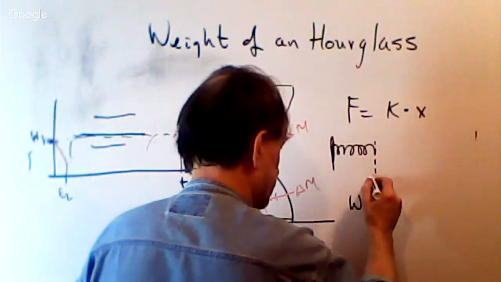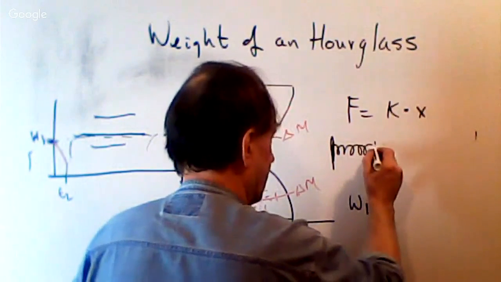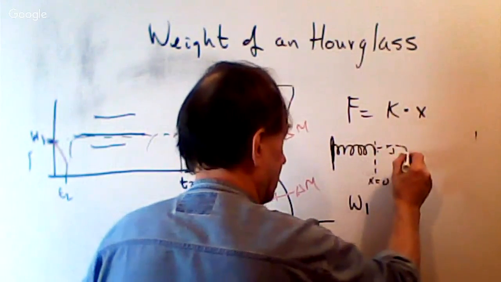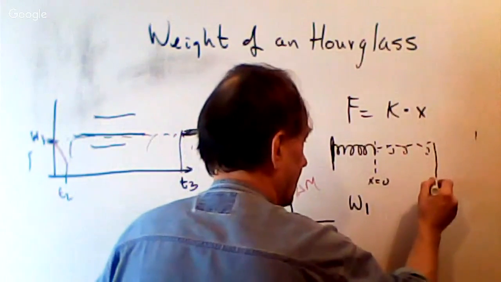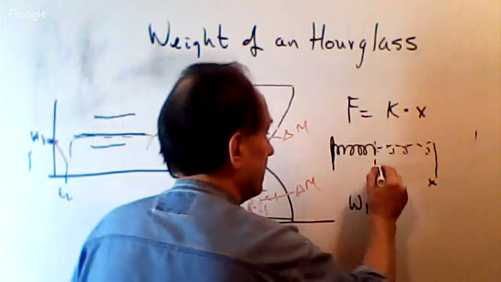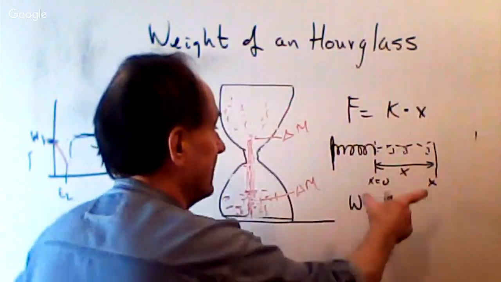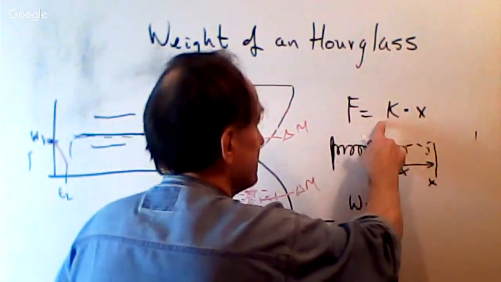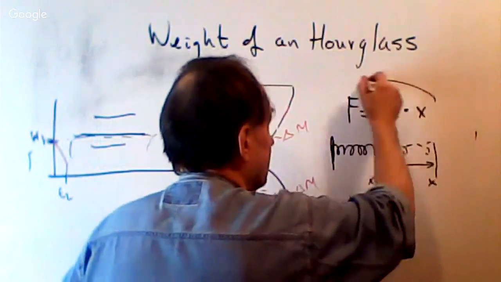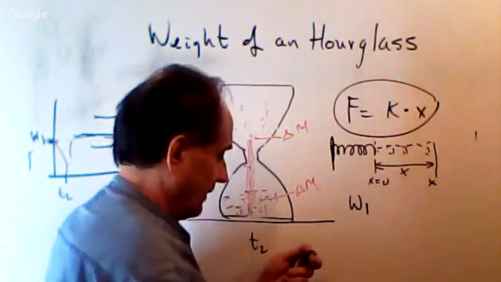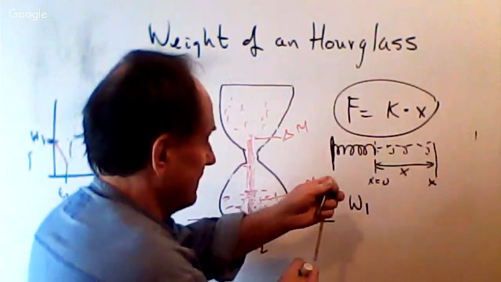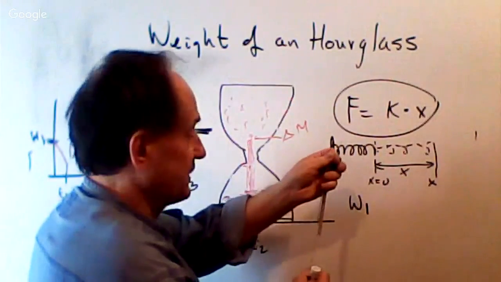This is its rest position, x equals 0. Now, if you stretch the spring a distance x, the force is directly proportional in its linear range. You double the stretch distance, it takes twice the force.